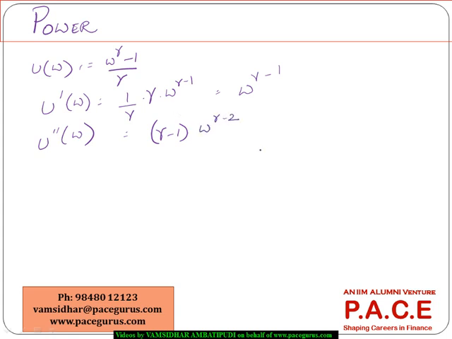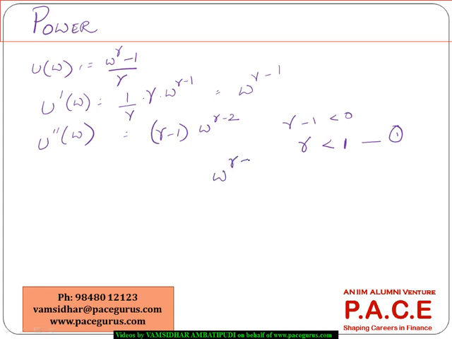So if it has to satisfy a diminishing marginal utility, I want gamma minus 1 to be negative itself. So gamma should be less than 1. That's one rule to show the diminishing marginal utility function. And of course, I want the first derivative to be positive.